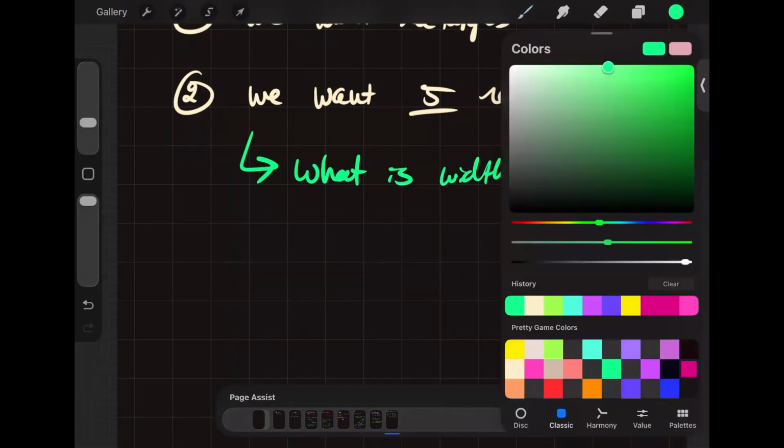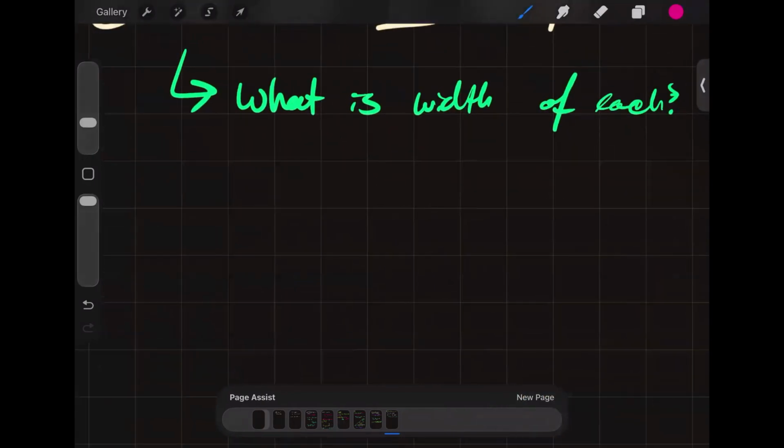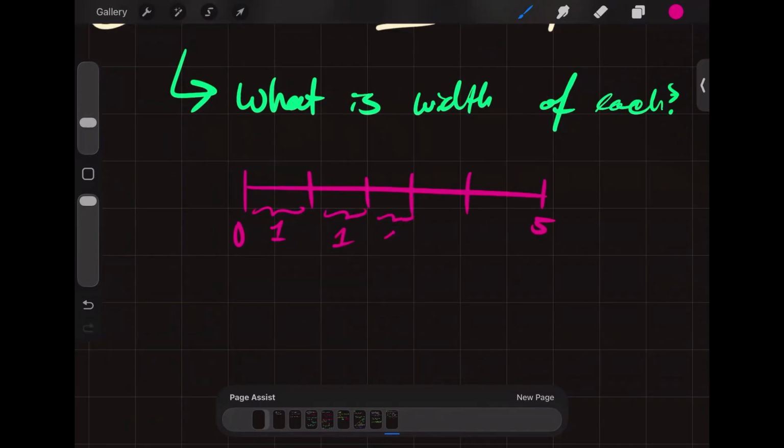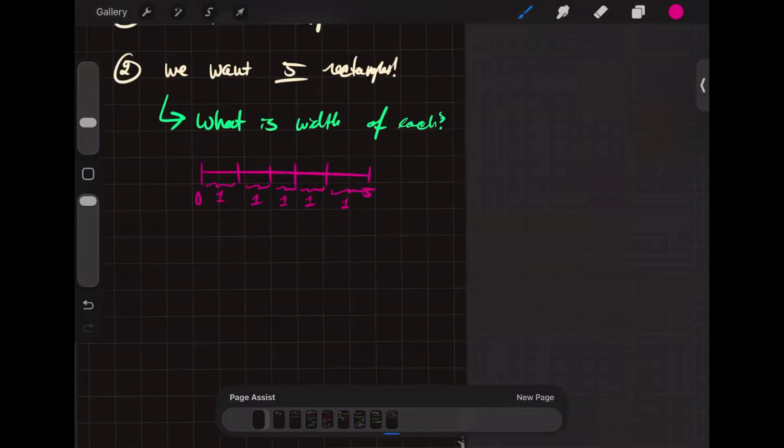Surely it is, in fact, that easy. You go like that, that's 5, so 1, 2, 3, 4, 5. The total distance is 5, which means each rectangle should be a width of 1. I won't always give you a width of 1, but that's the idea.